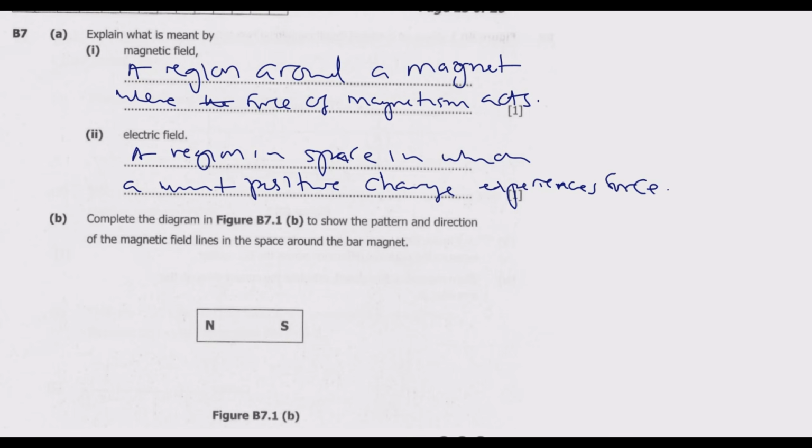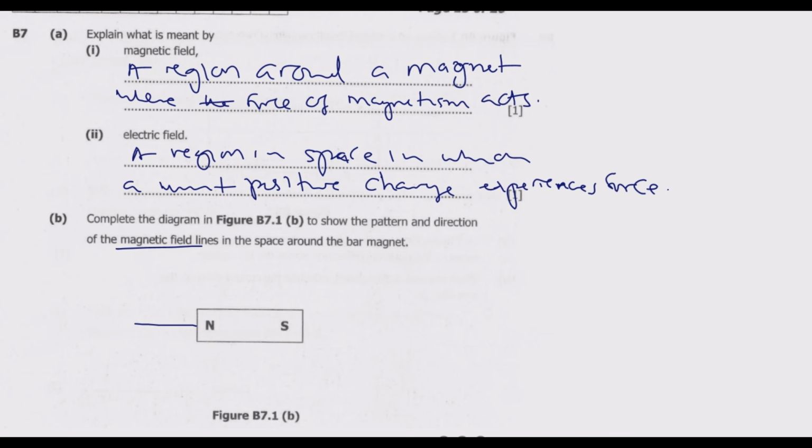Then B, complete the diagram in figure B7.1b to show the pattern and direction of magnetic field lines in the space around the bar magnet. So basically what we need to know is the direction of the magnetic field. They come out from north, then they enter at south.